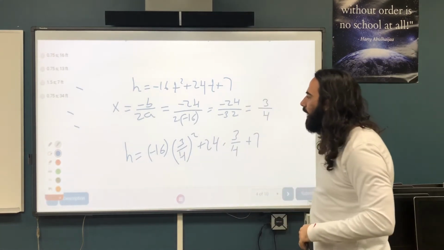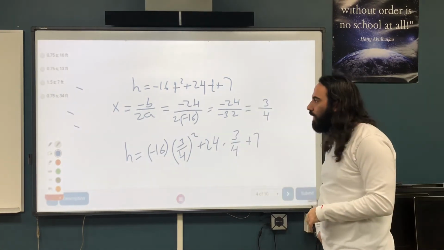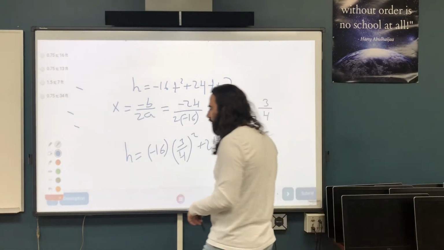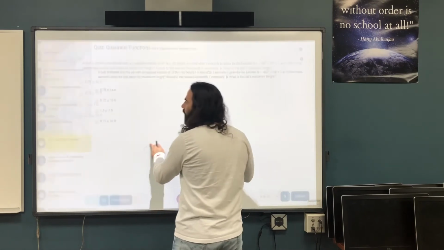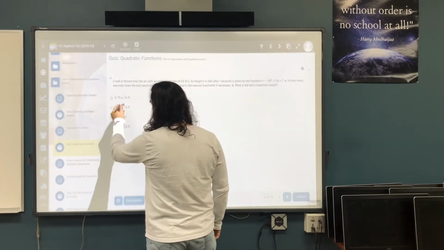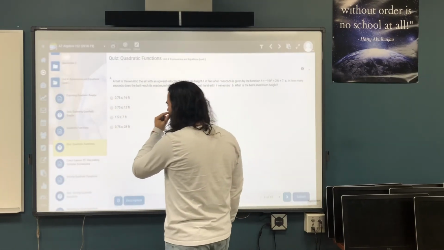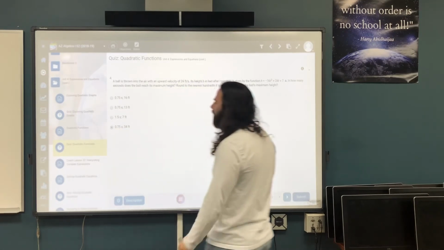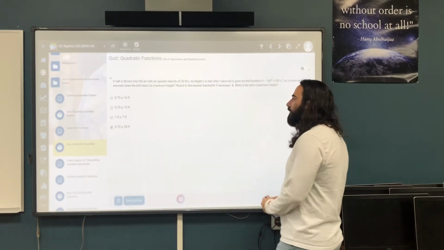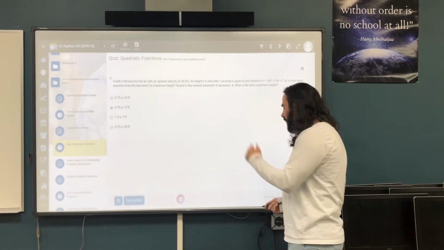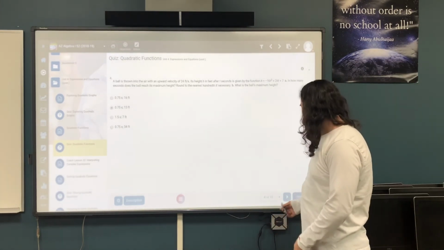You plug it in the calculator. One of these choices is the answer, so I'm just going to guess, after you plug it in the function, let's say it's 13 feet. All you need to do is plug it in and use the calculator.